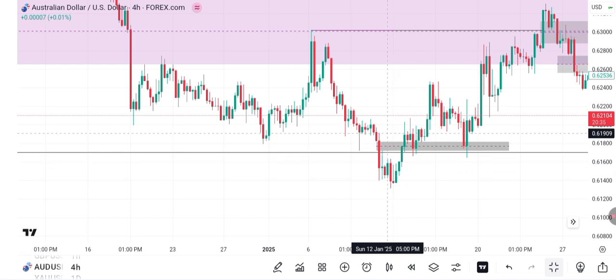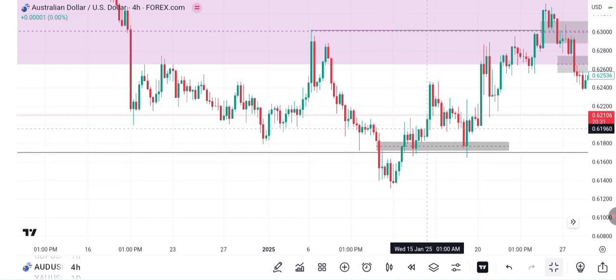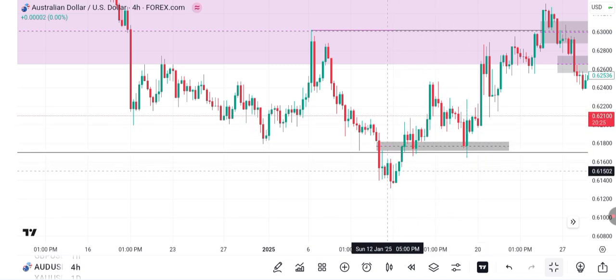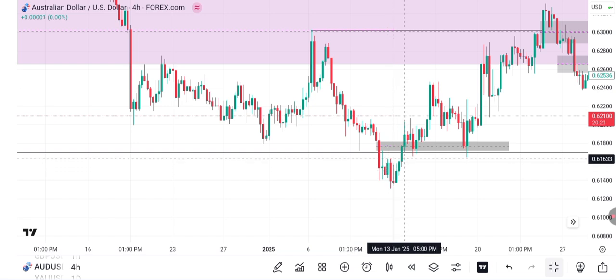So seeing this gives me kind of confidence that price is going to change direction, and we can see that it did eventually. So when did this change of price direction happen? It happened on the 13th of January 2025.